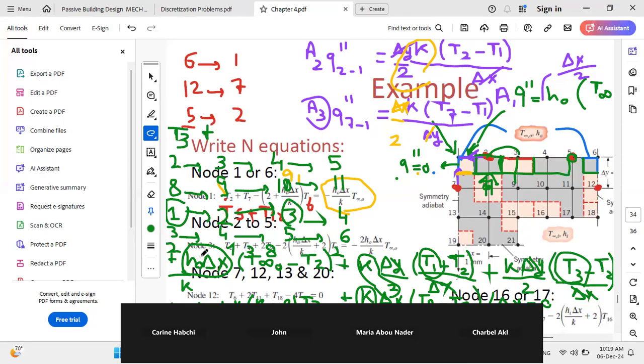Now, when I considered cell 2, it's plus T3. 3 is equivalent to 5 when I consider the equation of cell 4. So I should put plus T5. Now, 8 is equivalent to 10. So when I write the equation of cell 4, I need to consider the conduction from the lower side, I need to consider 10, plus 2 T10.